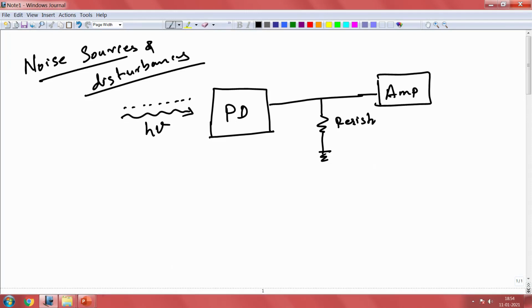Let us start from the source side itself. The source detection itself could have a quantum noise because of the fluctuations in the incoming photons. So, the noise could be from the source itself.